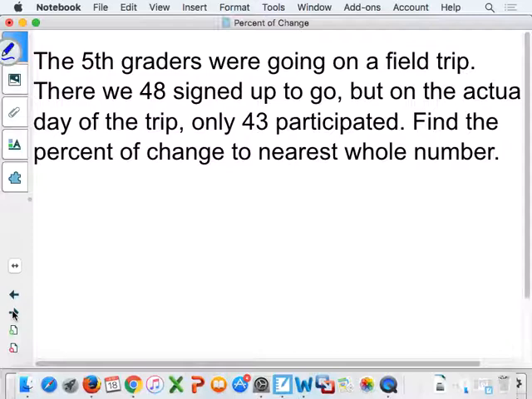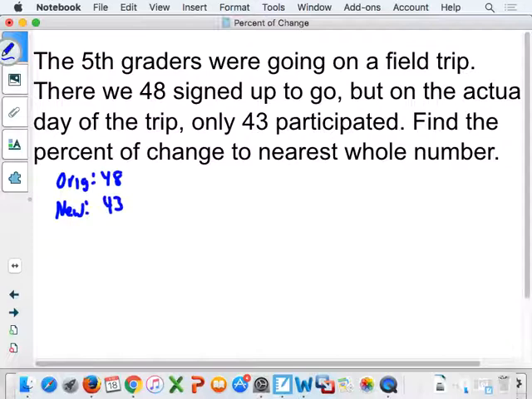Okay, one last. The 5th graders are going on a field trip. Well, they had 48 signed up to go, but on the actual day of the trip, only 43 participated. Find the percent of change to the nearest whole number. Okay, so our original number was 48, but our new number, the ones that actually went, was 43.